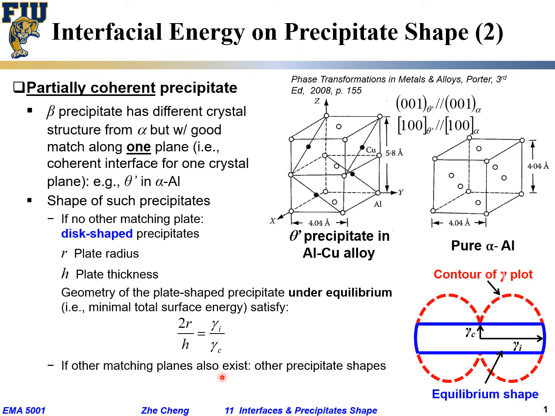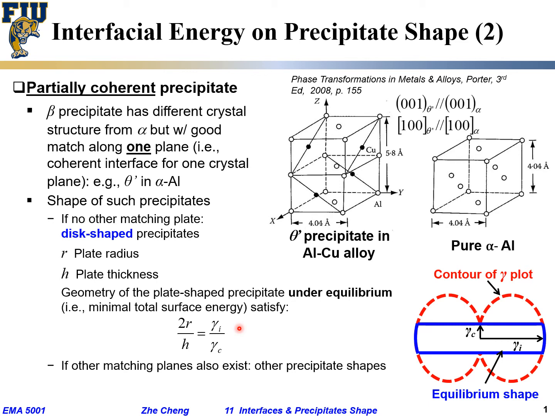Two times the radius is much larger than the height. On the other hand, if gamma I is very similar to gamma C, which means coherent or incoherent doesn't matter, then what happens to the shape? Two times the radius, which is the diameter, and the height are pretty much the same.